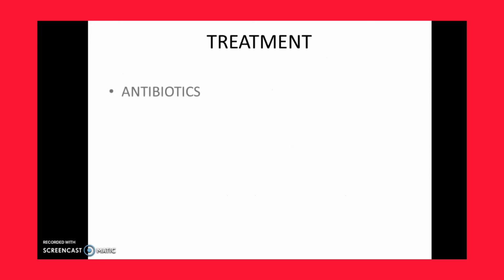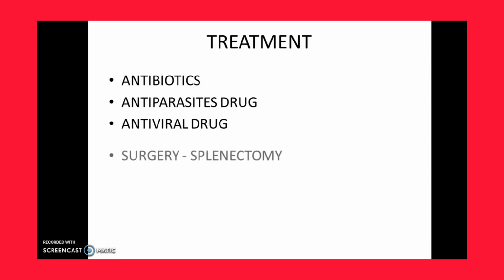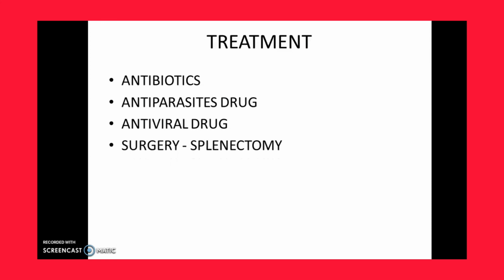The treatments, like we said, are antibiotics for bacteria, antiparasitic for parasitic or protozoan infections, just like we mentioned, malaria, and antiviral for those that could cause infectious mononucleosis and other viral infections. Then surgery, when the spleen starts causing serious problems, that is, it is now the main source of infection and anemia, and it has removed almost all the platelets, which are very useful in blood coagulation.